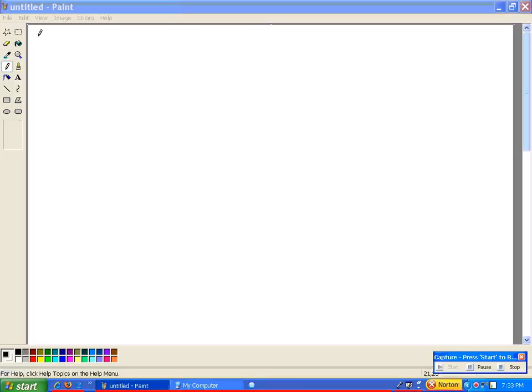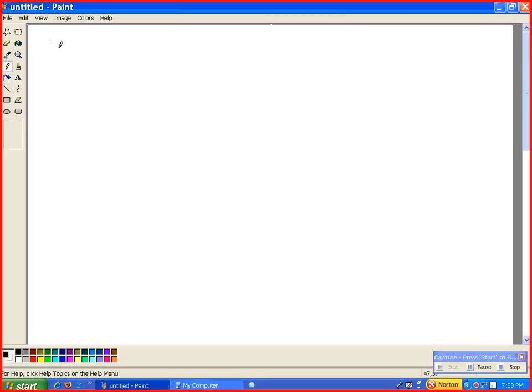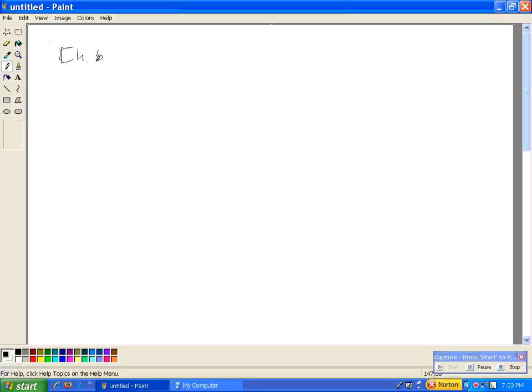Okay, so this is chapter 5, number 20, part B. We found that acceleration equals g sine theta minus 0.25 cosine theta.